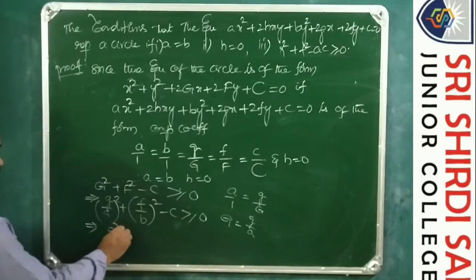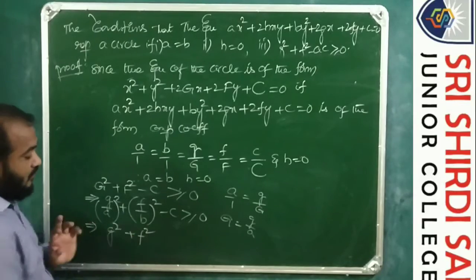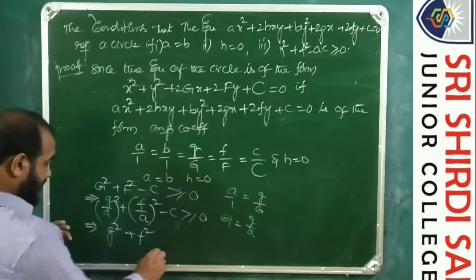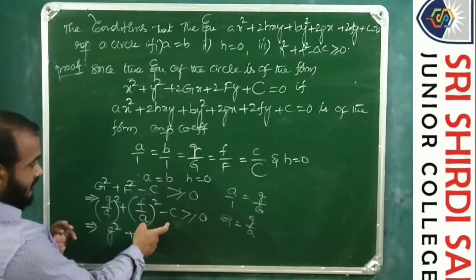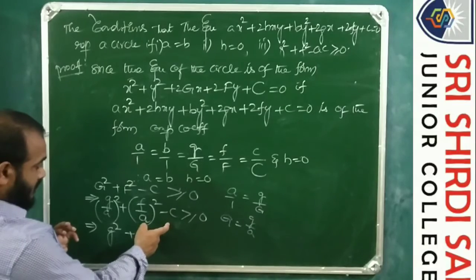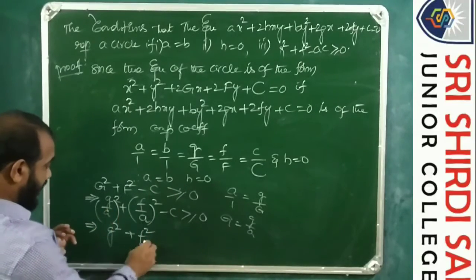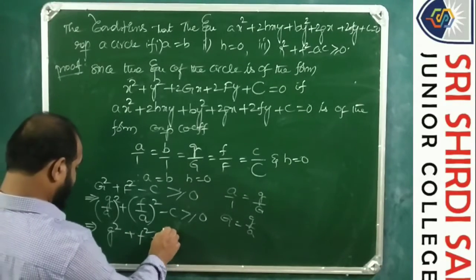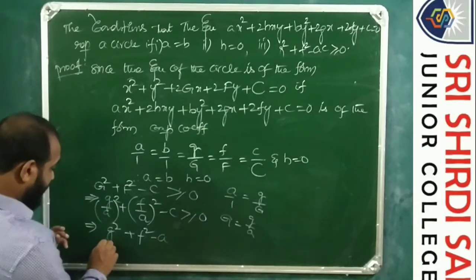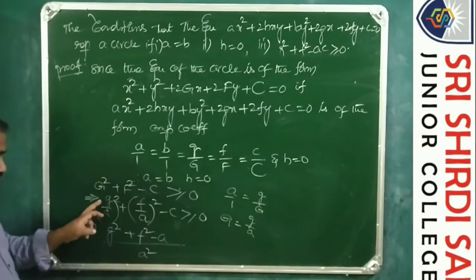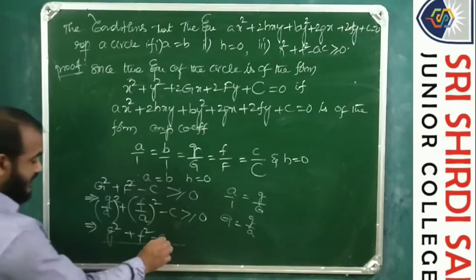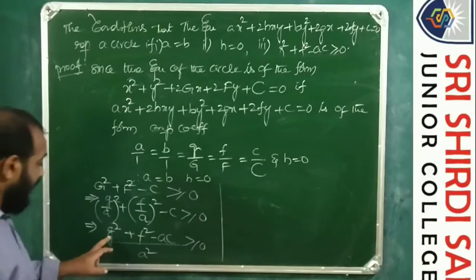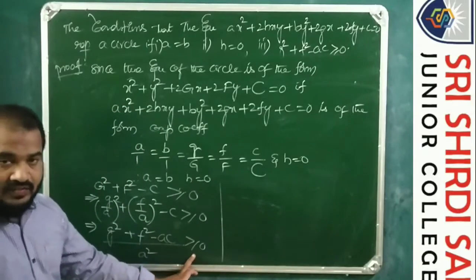From this, since a is equal to b, if I replace b as a, and the c value is, g square plus f square minus a square c. The LCM here is a square. So g square plus f square minus ac is greater than or equal to 0. Therefore, g square plus f square minus ac is greater than or equal to 0.